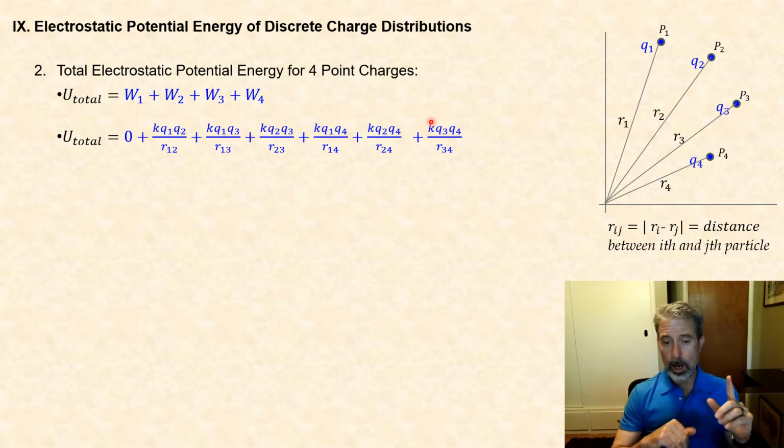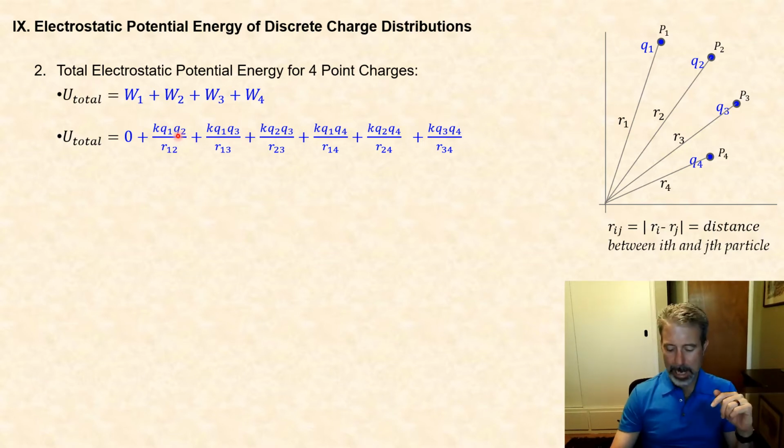Now, a very important case of this is just the electric potential energy of a combination of 2 point charges. Well, that's what you would get if you stopped the process right here. No work to bring in the first charge, only work to bring in that second charge due to the first charge's presence.